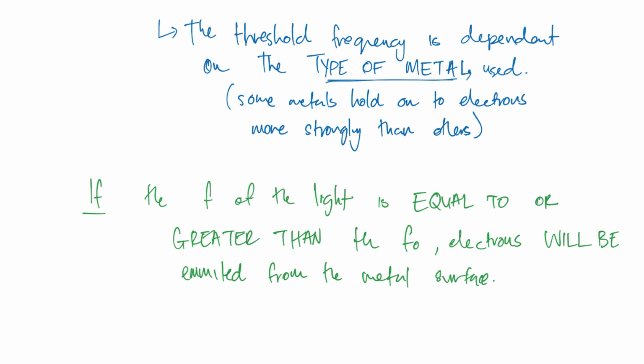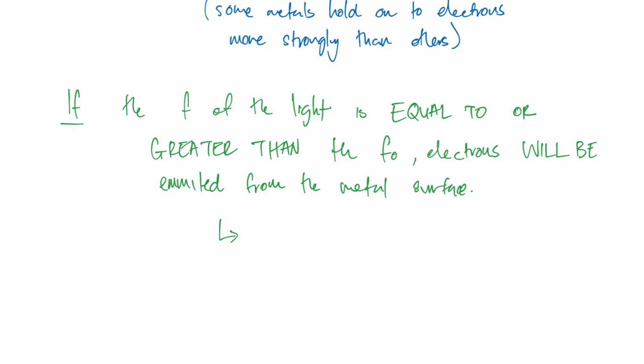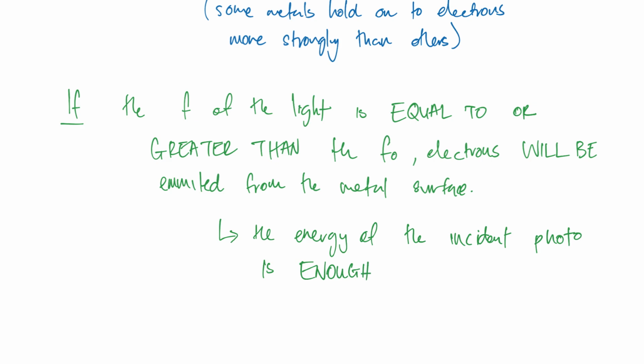So what's happening now is that the energy of the incident photon, so the light that we use, is enough for the electron to escape.